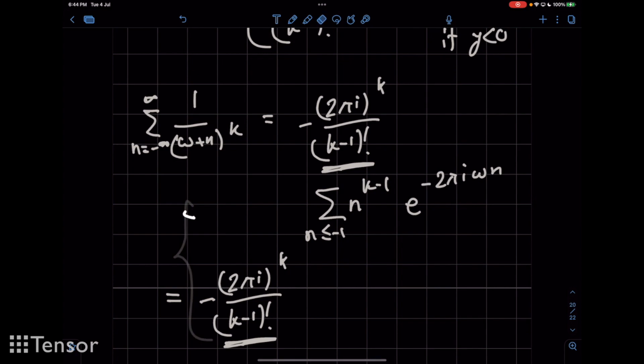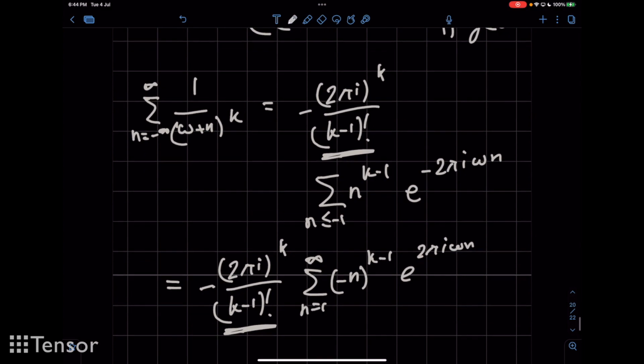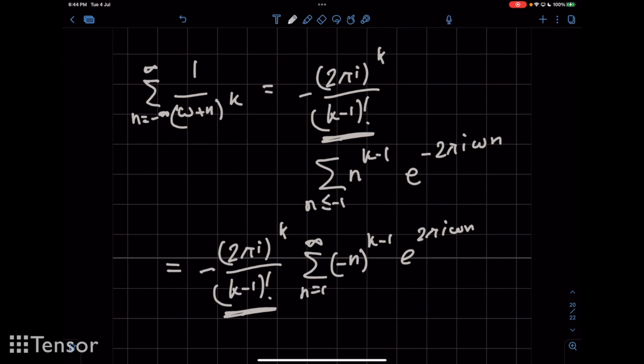Negative n to the k minus 1. k minus 1 is odd. We need to remember this, of course. 2 pi i w. So k minus 1 is odd. There comes a negative sign from here, and we have a negative sign here.